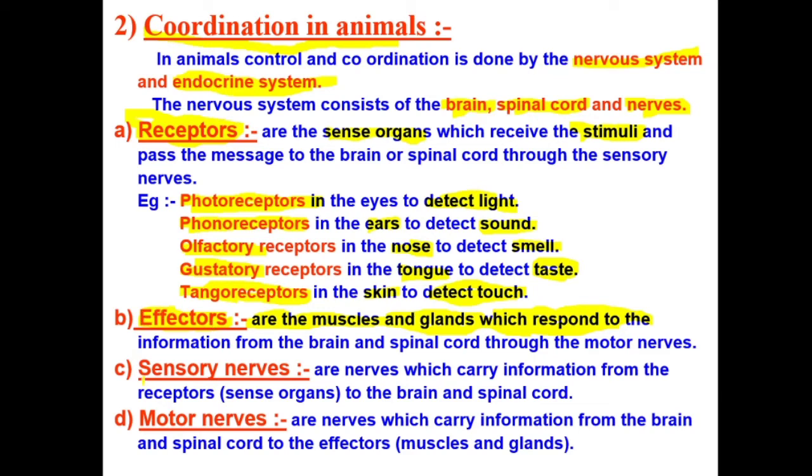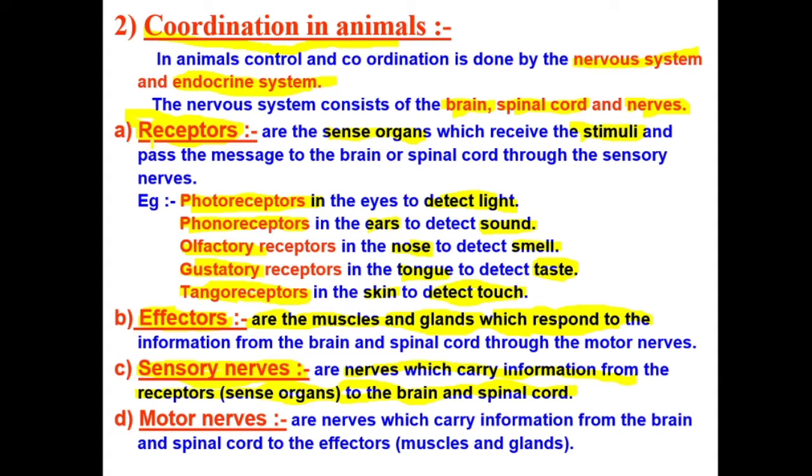Next is sensory nerves. What do sensory nerves do? Sensory nerves are the nerves that carry information from the receptors to the brain and spinal cord, right? Who did this job? Your mother did this job. You are the receptor.